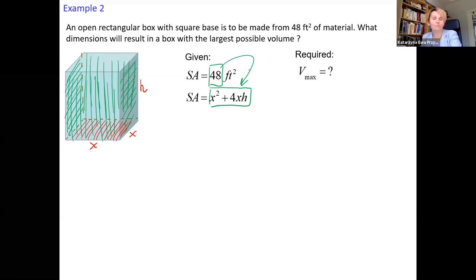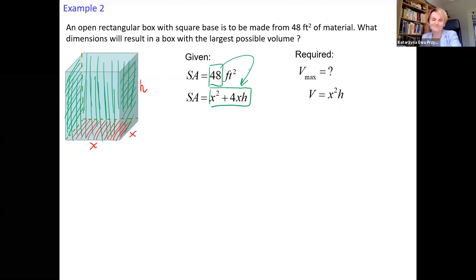We have to maximize the volume. We will set up the formula that represents the volume of this box. We will try to make it a one-variable function, and then find critical points, maximum, minimum. But in this case, we need the maximum, the largest possible volume. Okay, volume is length times width times height, x times x times h, x squared times h.